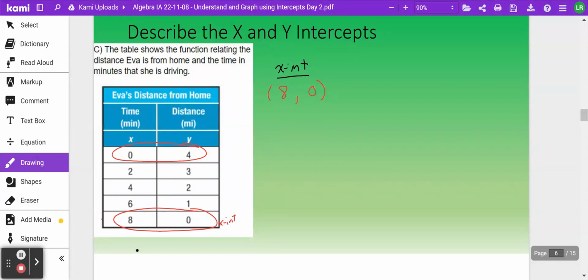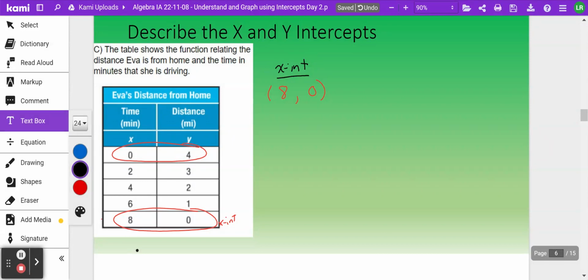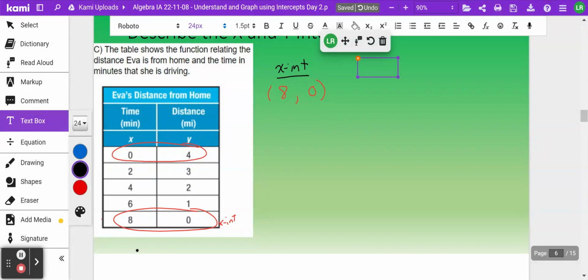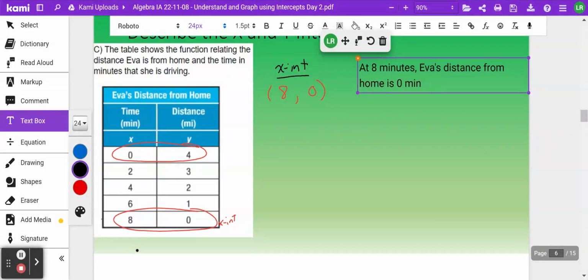So my x-intercept is (8, 0). Now, what does that mean? For my x-intercept, it means at 8 minutes, Eva's distance from home is 0 miles.